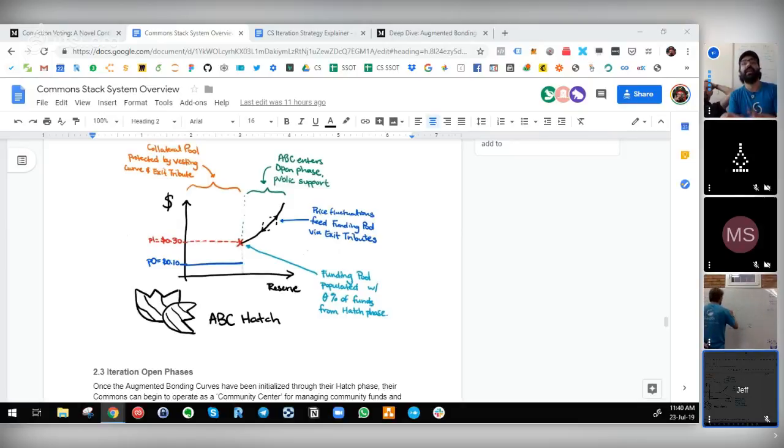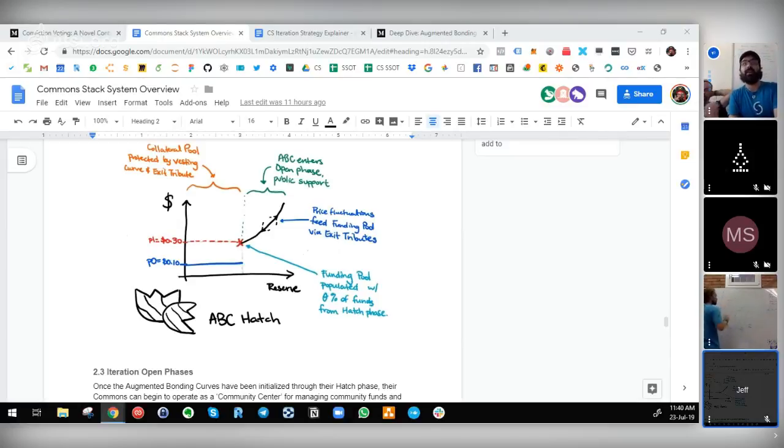So we do need to be careful about how we think about it. I will also note that if the invariant power is 2, then that line's actually straight. So that downward curvature, and again, you can look at the math in the documents if you want, is not the same for the relationship between reserve and supply and reserve and price, which differ by one derivative.